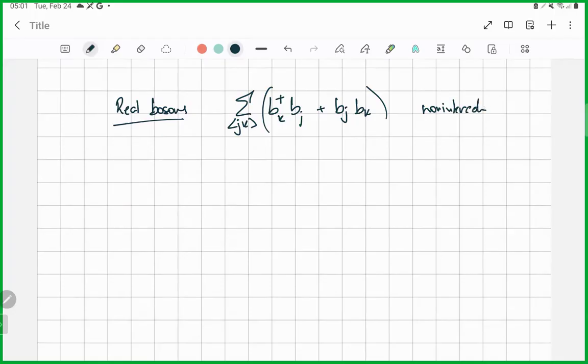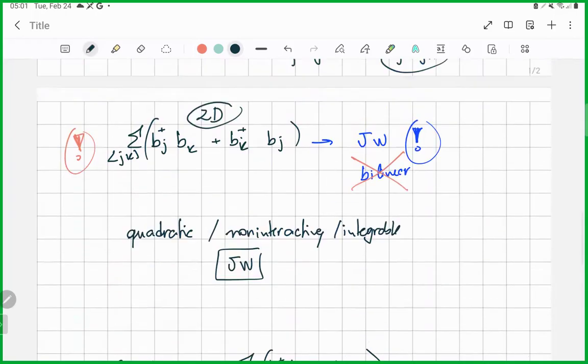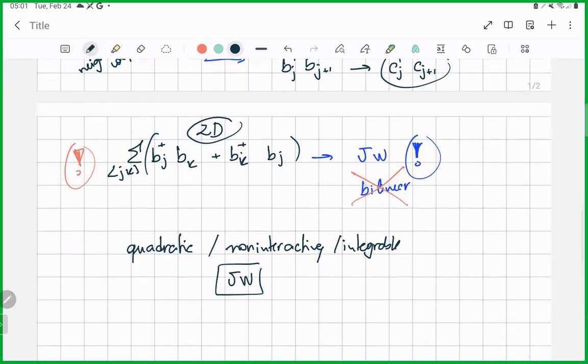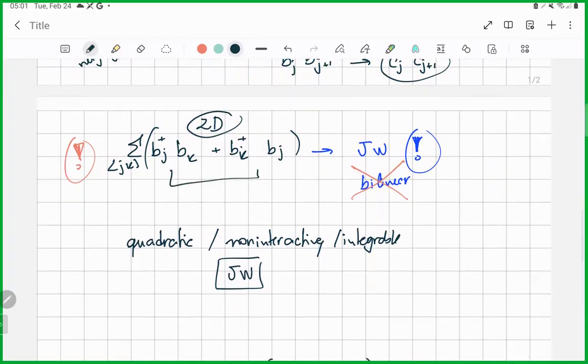When we are talking about real bosons or when we are talking about fermions, as we said before. The special case here is hardcore. So hardcore, careful with this term. This is not necessarily a non-interacting term. It is in one dimension, but not in higher dimensions. Okay, so I hope this was clear, and this is the end of this video.